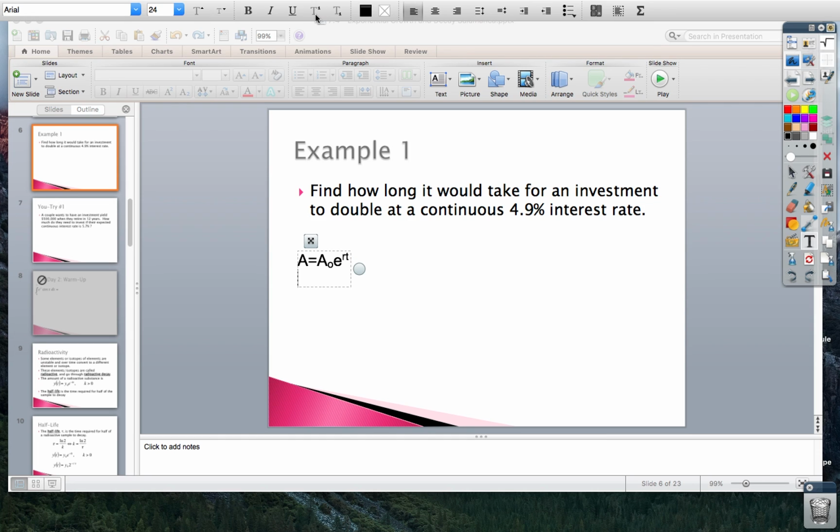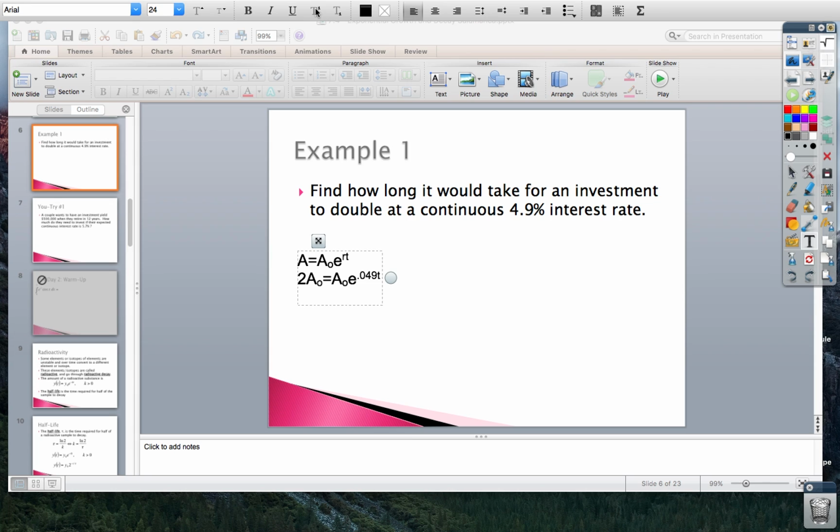If we want something to double, we're going to take our initial amount, which is A sub 0, and it's going to double. So 2 times A sub 0 equals A sub 0 times e to the r times t. In this particular case, your rate is 4.9%, but in decimal form it's 0.049, times t.